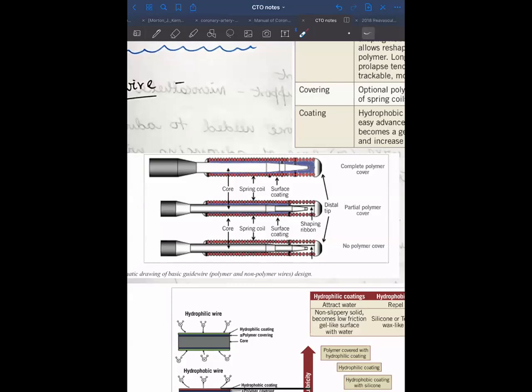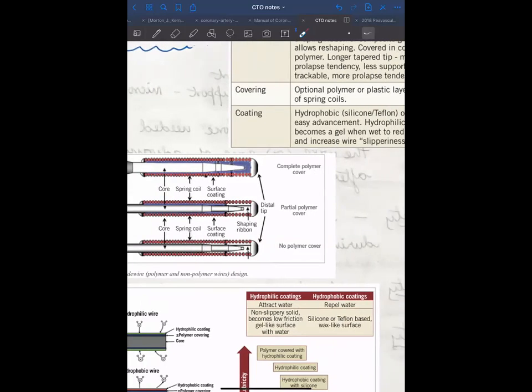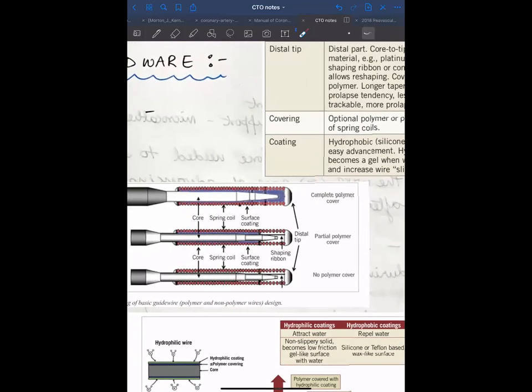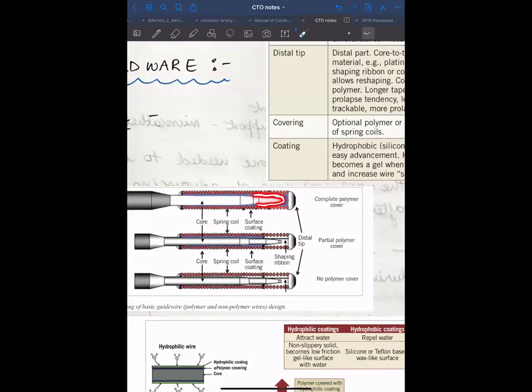The polymer cover is basically a layer instead of the spring coils. As we can see here, this is a polymer cover. It can be either a partial polymer cover, or no polymer cover, or complete polymer cover kind of wires. We will see each example. And there is a spring coil for its trackability at the tip of the guide wire.